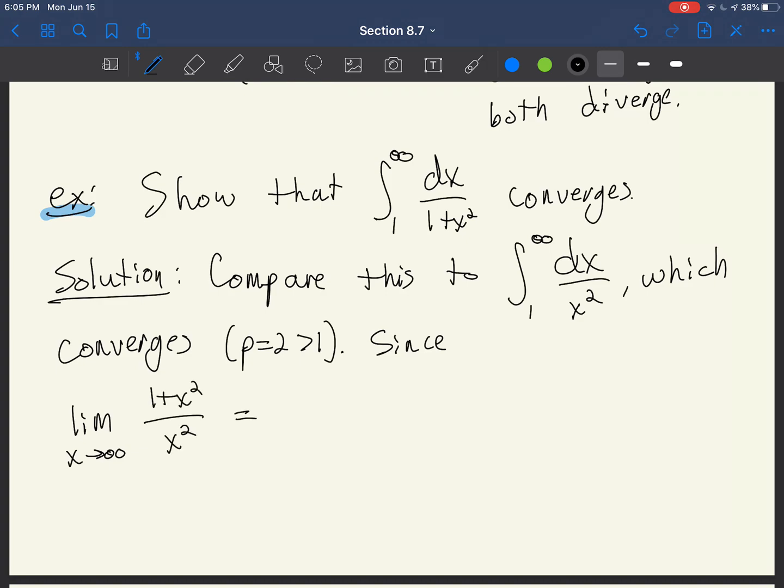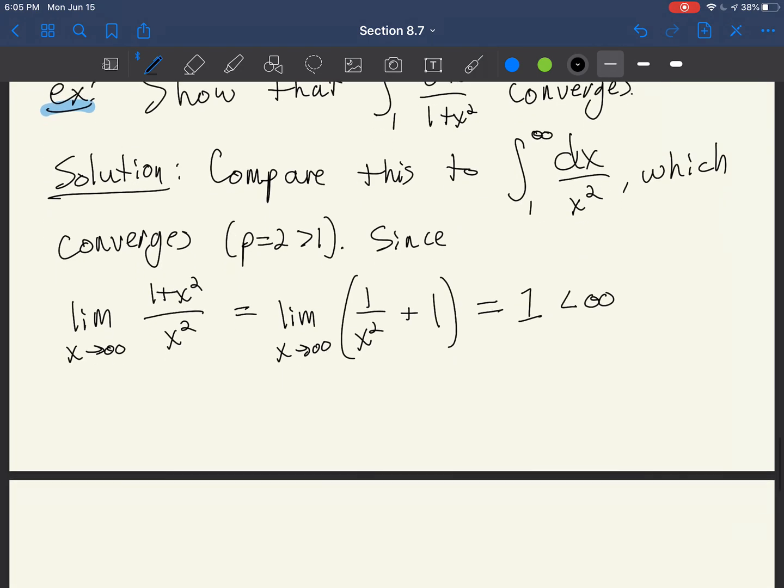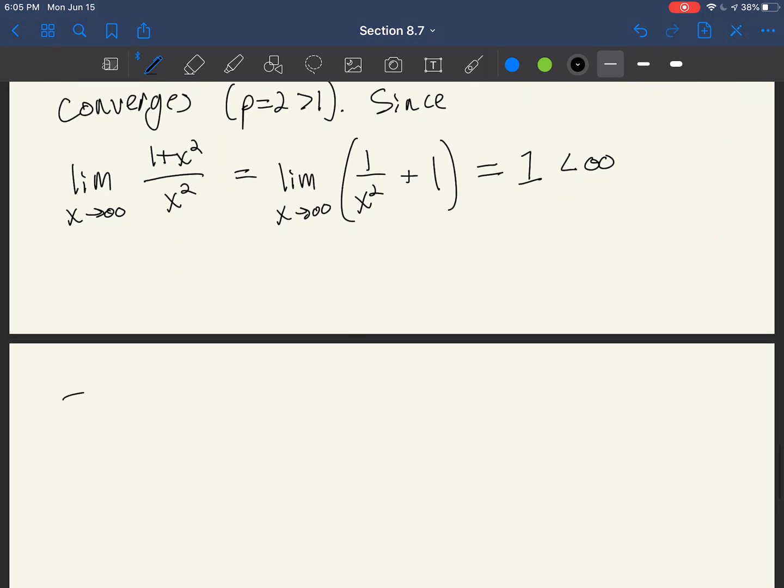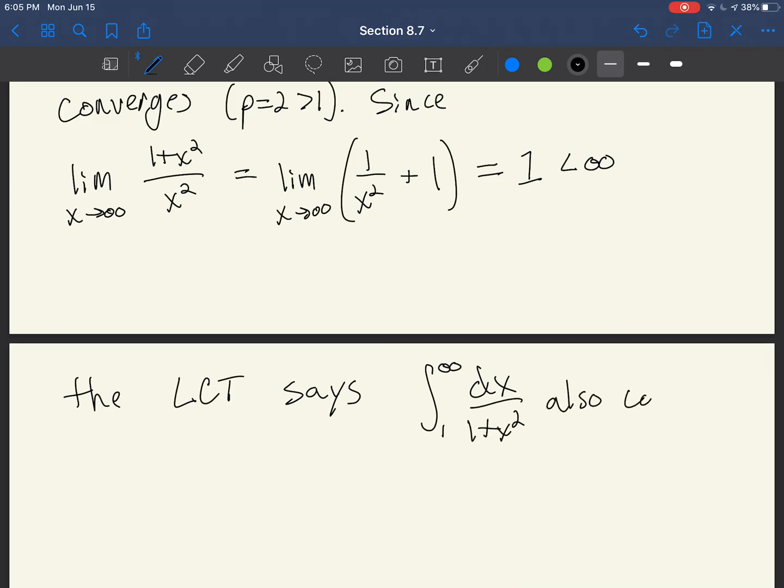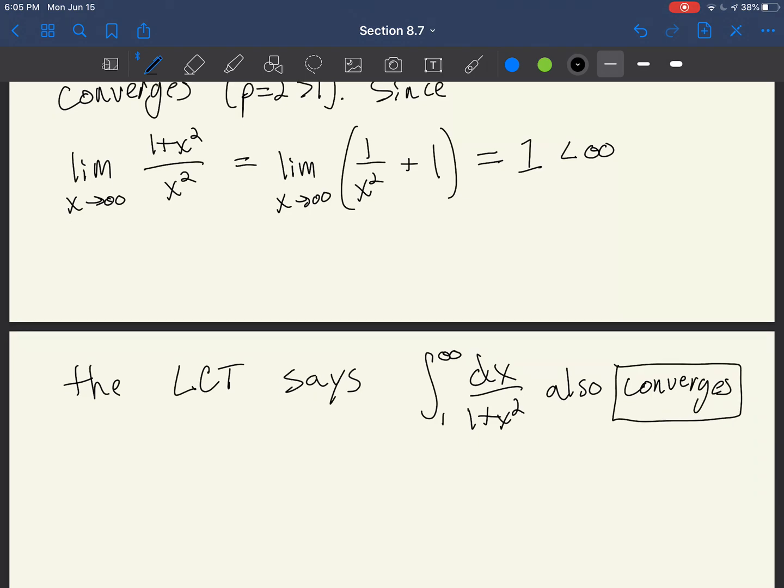And since the limit as x goes to infinity of 1 plus x squared over x squared equals, oh, I need a limit, the limit as x goes to infinity of 1 over x squared plus 1, that is just 1, and 1 is both positive and not infinite. That means that the limit comparison test says the integral from 1 to infinity of dx over 1 plus x squared also converges.